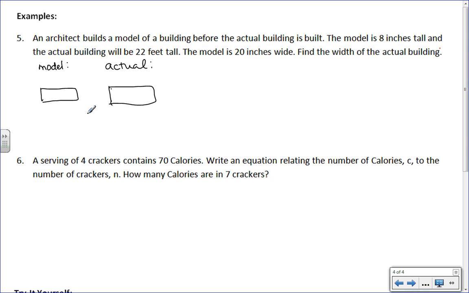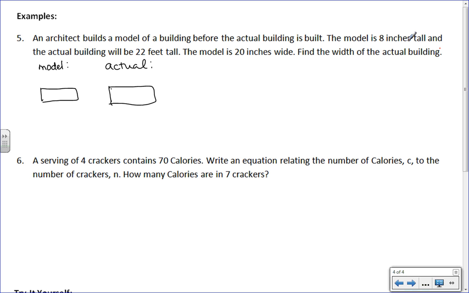And we know these two have to be proportional because a model of anything is designed to have the same ratios as the actual figure. So whatever the ratio is of the height to the width in the model, it has to be the same for the actual building. So let's look at the information we have.